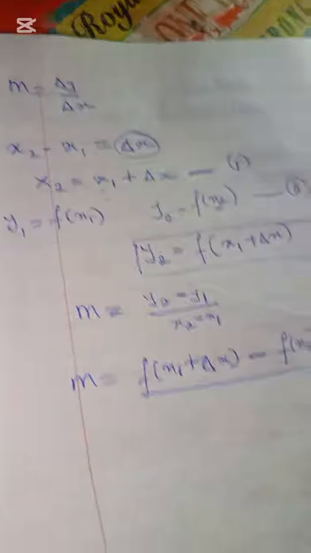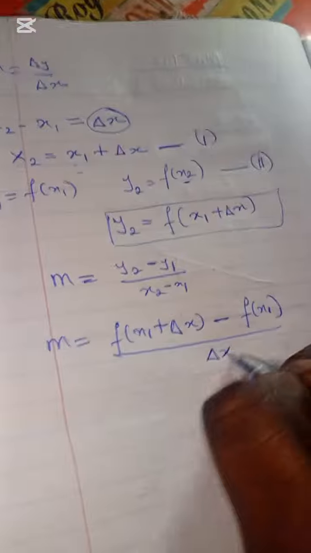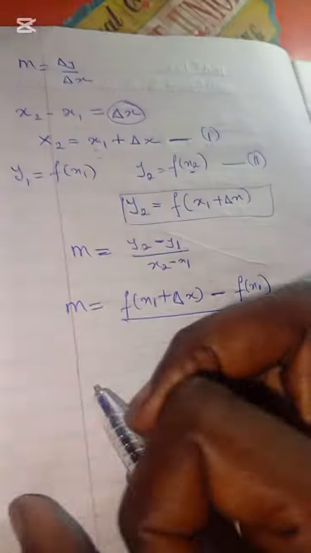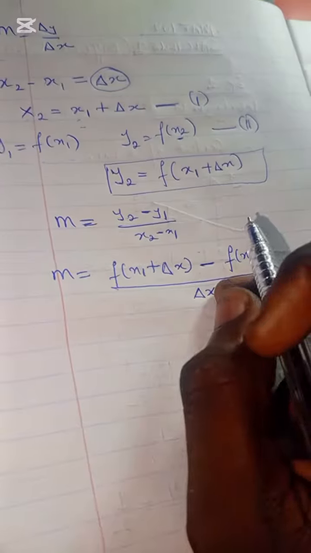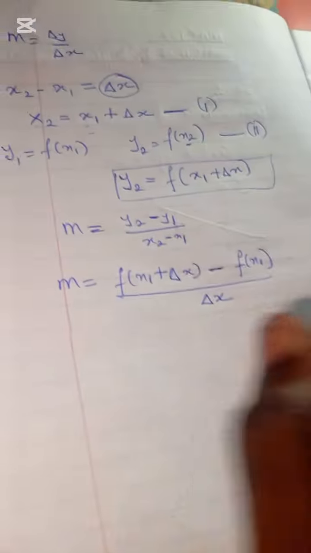So over change in x. So taking limits of this formula, we can get the gradient of a line.